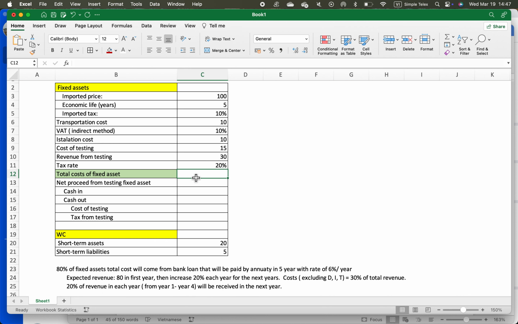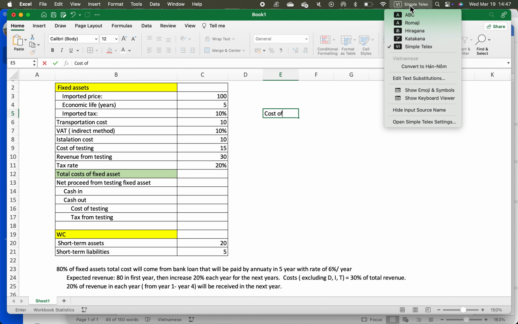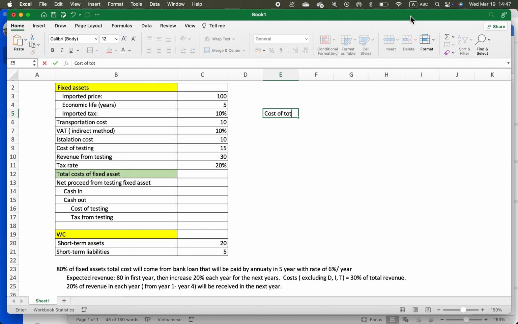So the first thing we should make sure that we understand is that the total cost of fixed asset is going to be cash out for building or buying fixed asset, minus cash in, any cash in from building up or buying the asset.